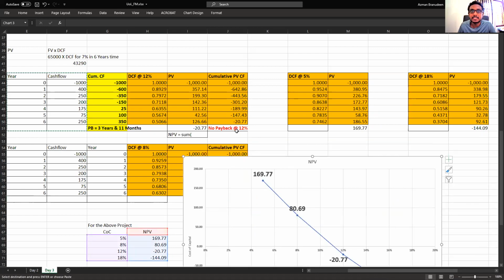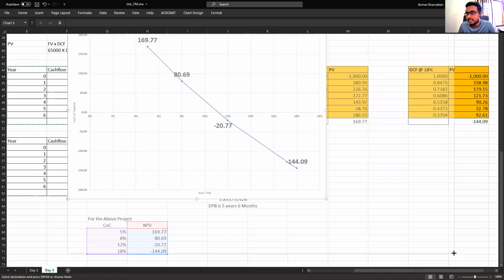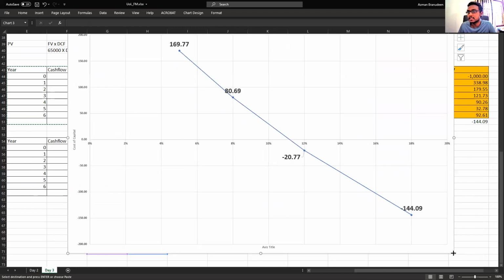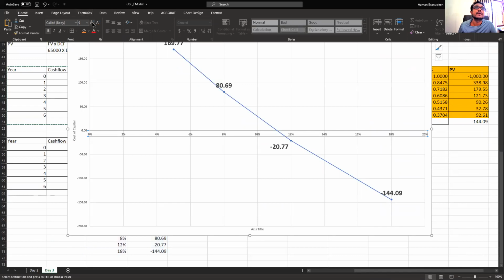At 12%, it doesn't have a payback at all, at least for the project's lifetime.